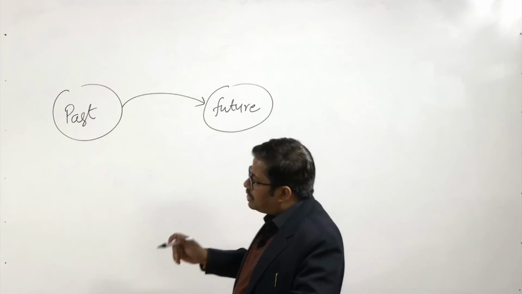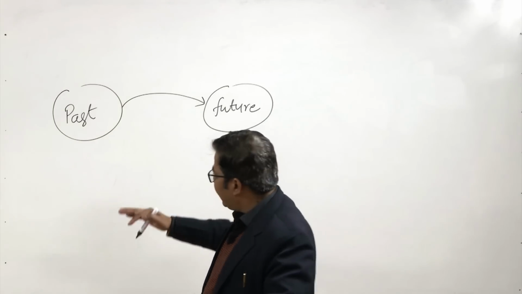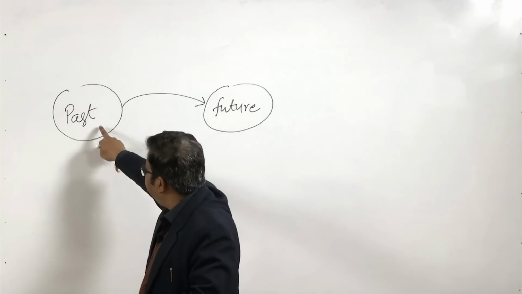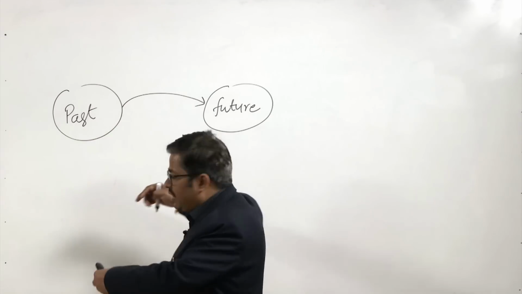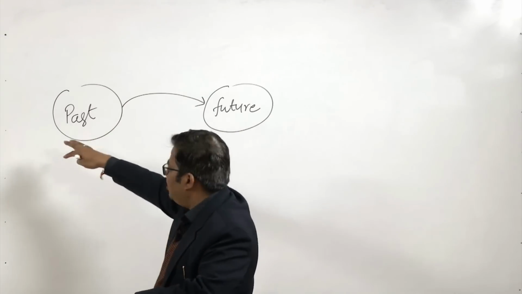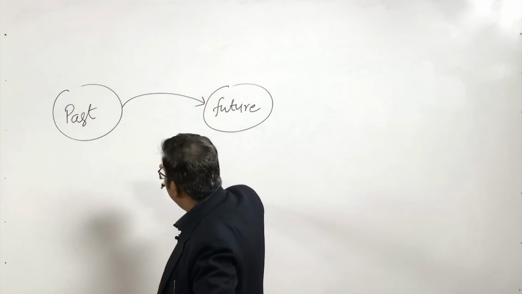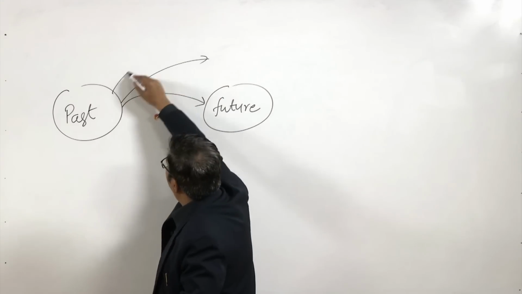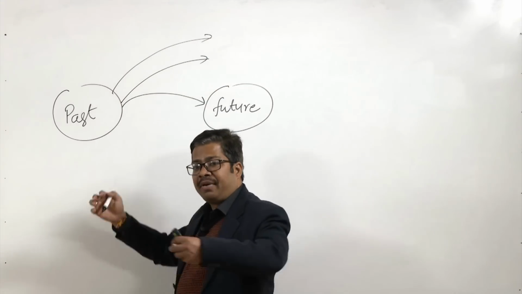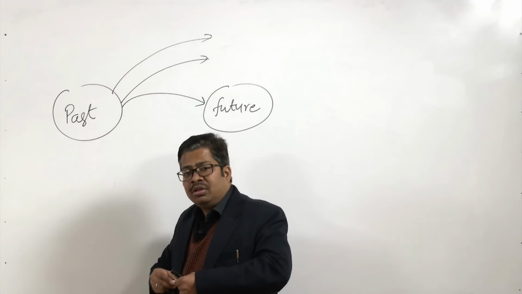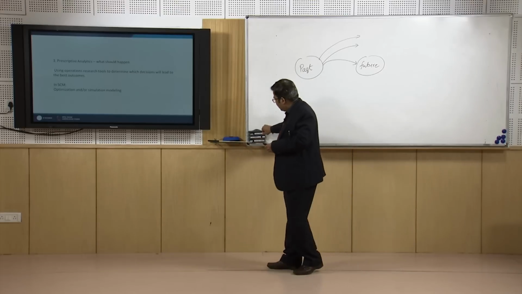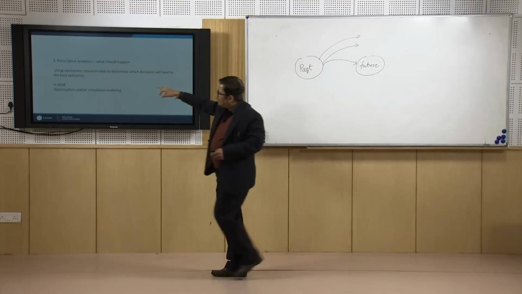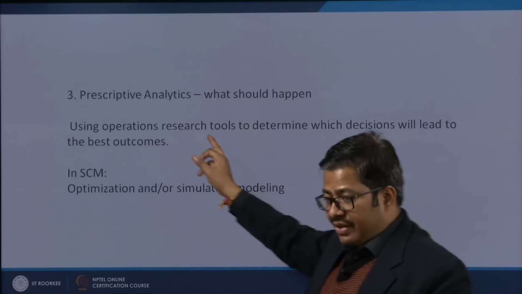But what should happen? One thing is the natural course of action: if the same trend of the past continues in the future, you will go to this place. But what should happen? We always look for higher, better performance. How that better performance can take place, that is what should happen, that is prescriptive analytics.